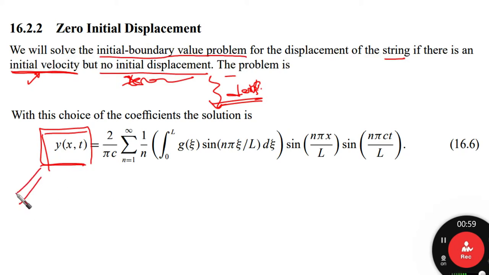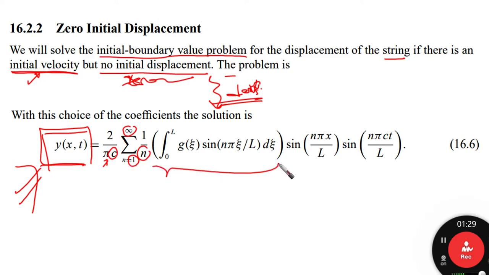This is the wave function again, y(x,t), equal to 2 over pi c. This is, as we said, the constant related to the density of the rope or whatever, fixed characteristics of the wave itself. It's going to be given or known for us, and we are going to have a summation from n equal to 1 to infinity, 1 over n squared.